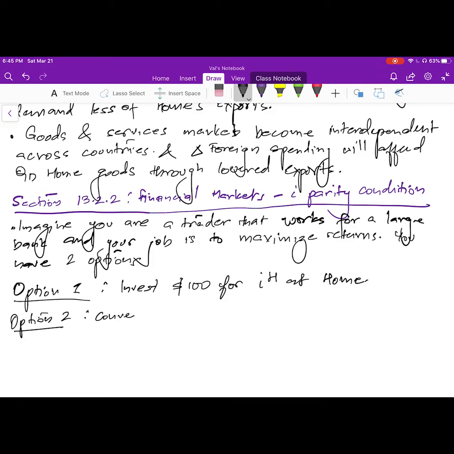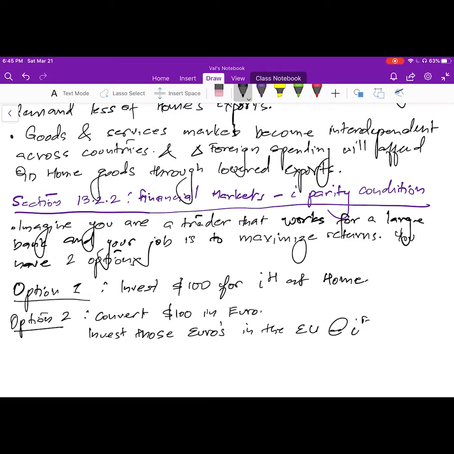Convert $100 into euro, invest those euros in the EU at EU's interest rate, we'll call it IF, F as in foreign, for the same period of time as option one.